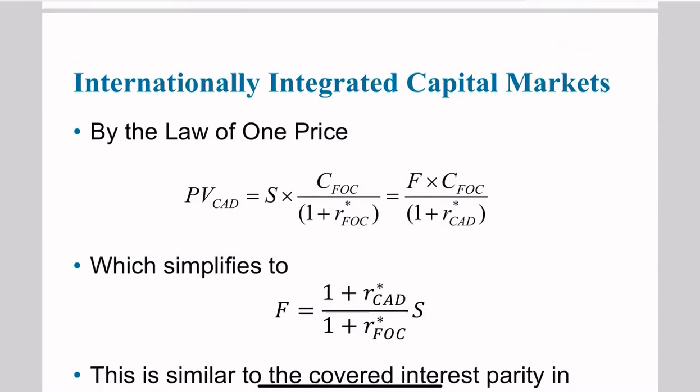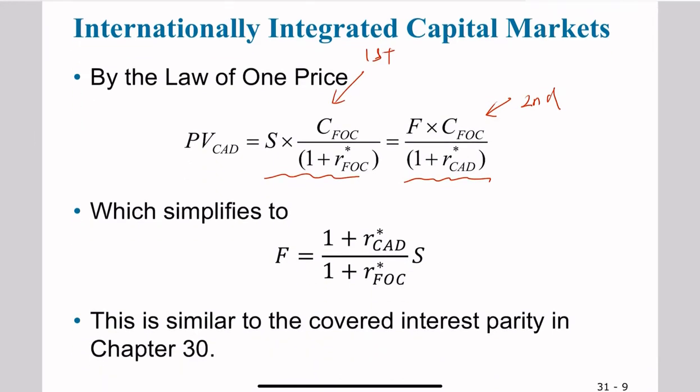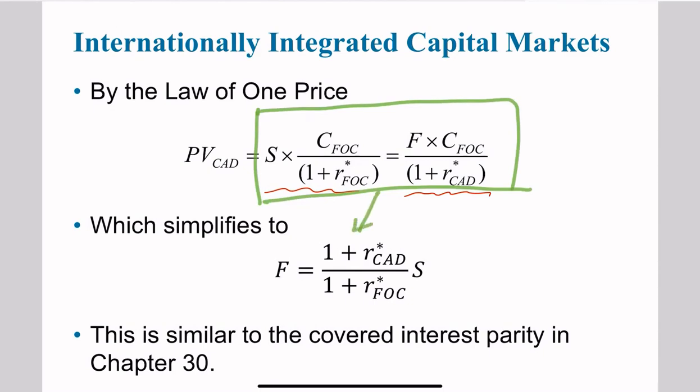And you can see that this is the present value we get from the second method, and this is the present value we get from the first method. So this should be the same. And if you do some algebra, then you can see that in the end, it can be simplified as this.